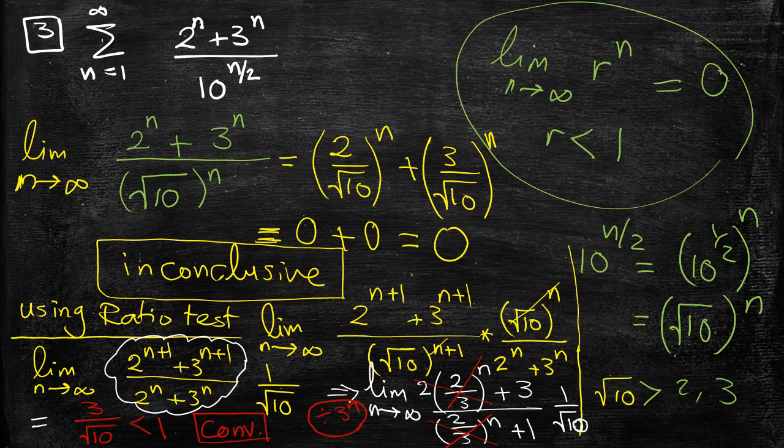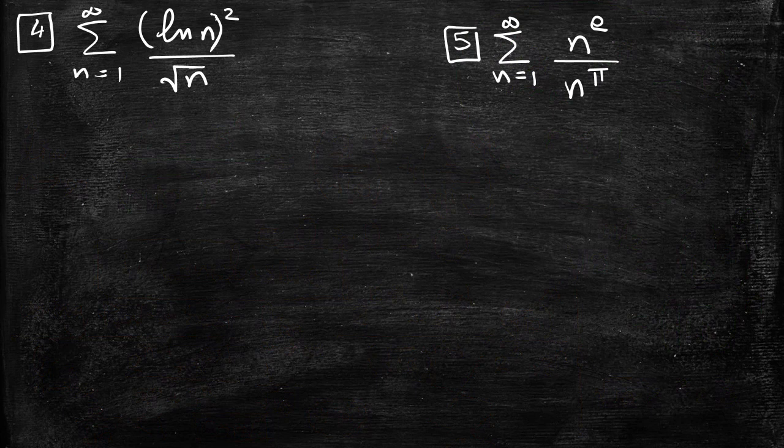So again, let's move forward. So number 4, ln n squared divided by square root of n. Again, we don't know something specific for this one, so the general test, which is the divergence test, is limit when n approaches infinity of ln n squared over square root of n.